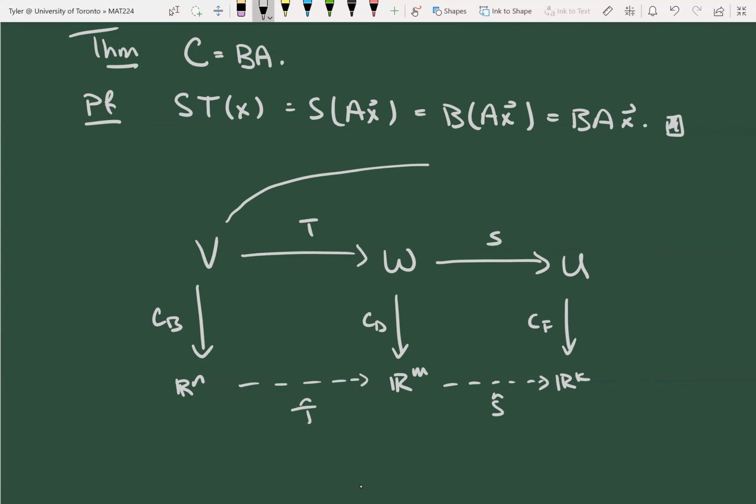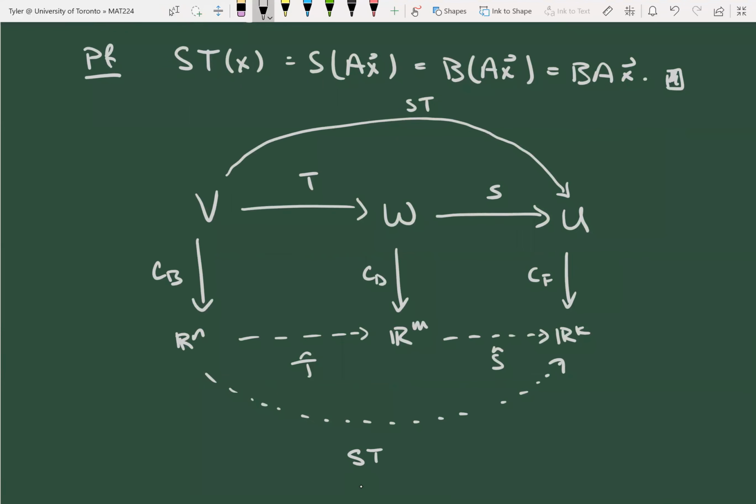And then if we just compose these as one, this is ST, and then this is ST hat, like that. And this diagram commutes, so that's the proof for me.